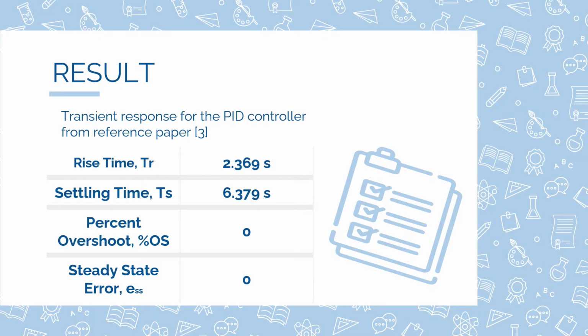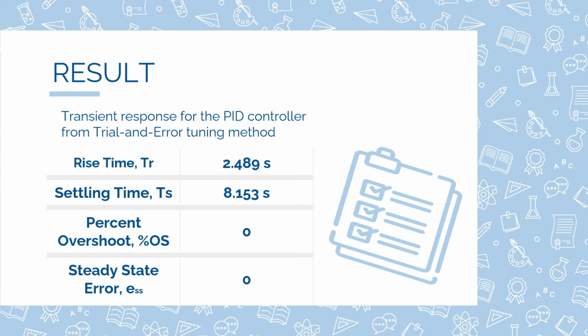Early result. Transient response for the PID controller from the reference paper. As you can see, the rise time is 2.369 seconds and the settling time is 6.379 seconds. Percent overshoot is 0% because of the critically damped response, and there is no steady state error.